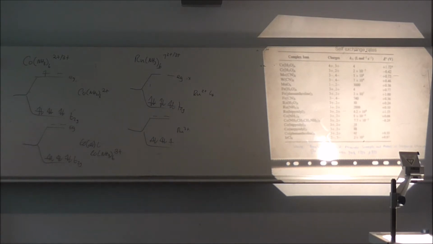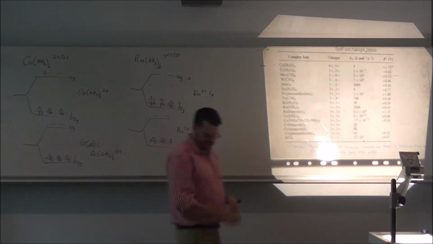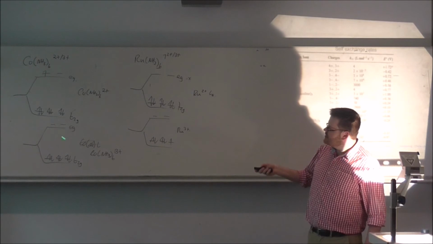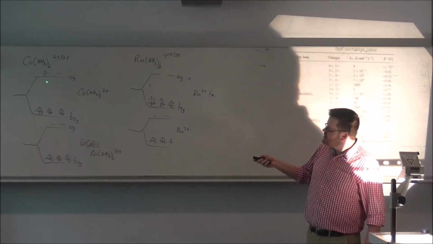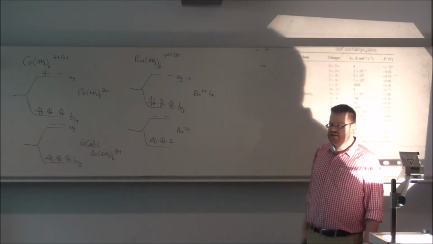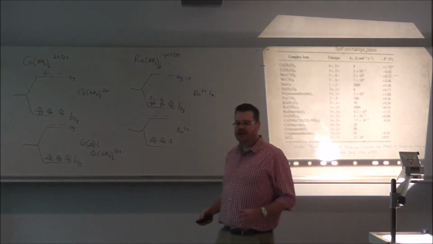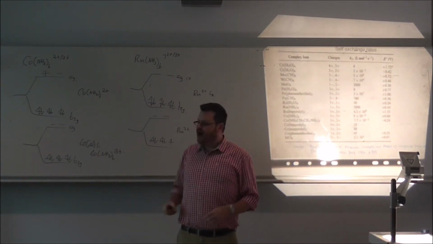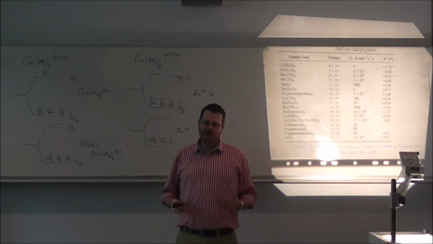Now, is there a big difference in the electron configurations? Yes. Here I'm populating an antibonding orbital, here I'm not. To go from this state to this state is a big change, because I'm populating an antibonding orbital.